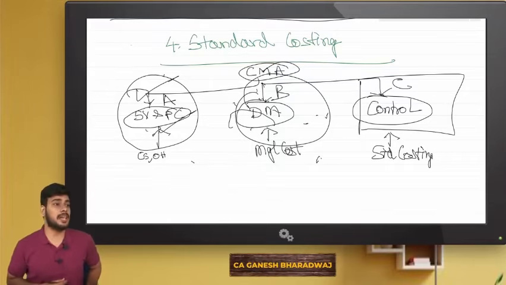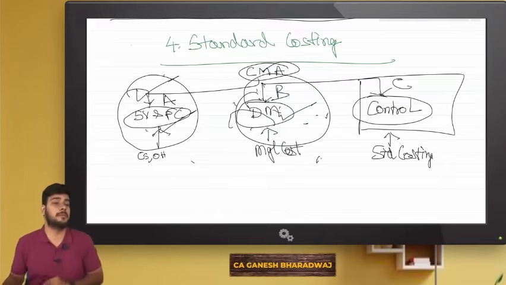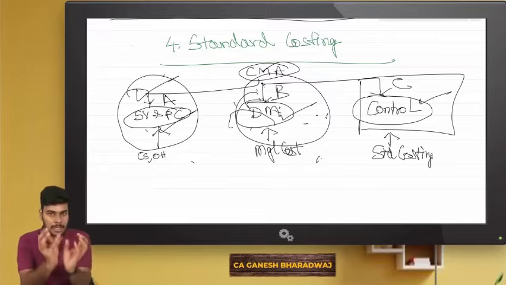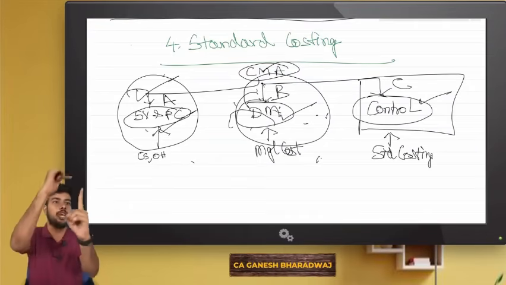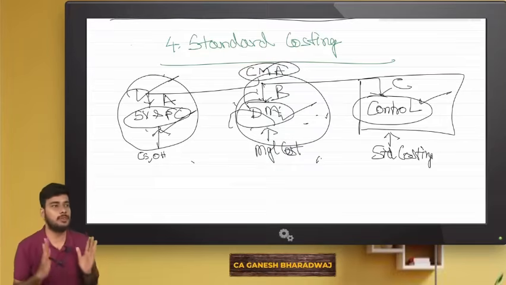Certain areas like economic order quantity, that helps you achieve decision making. How many quantity should I order every time? Certain areas like stock levels, maximum stock, minimum stock, reorder level, that helps you achieve the control objective. So basically, concept wise, you should know the objective. Only if you know the objective, you will know from which viewpoint you should look at it. Are you clear with this?